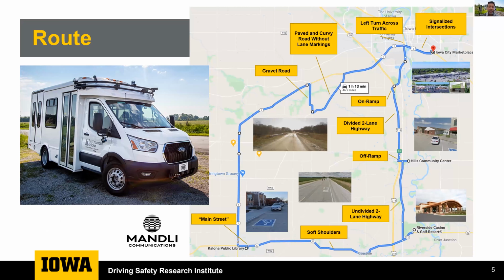And then additionally, gravel roadways. These types of roadways are very common in rural areas, and the route has those types of roadways and many different types of intersections. We've been driving this route for almost 2 years now in different weather conditions and at different times of the day.